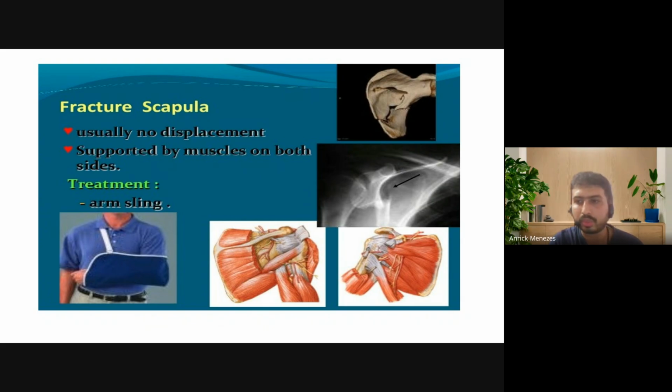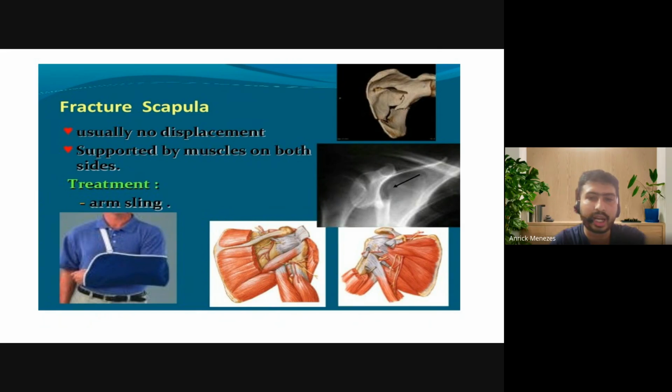Sorry, I'll check your chat box once this is done, because if I concentrate on both, I will miss my flow. The treatment is the arm sling, and the major thing is that the scapular blade has a large number of muscles surrounding it.